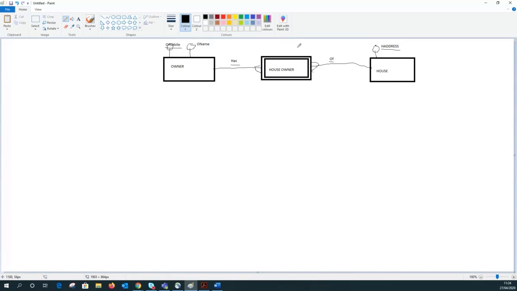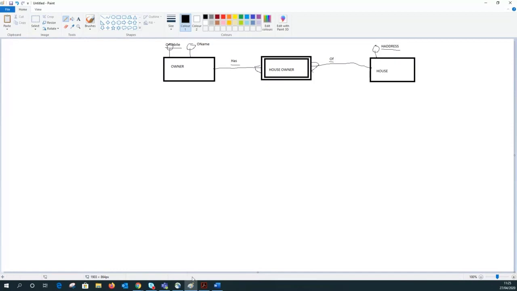Now we have two attributes already: the owner's mobile number and the house address. In combination, they make a composite identifier.